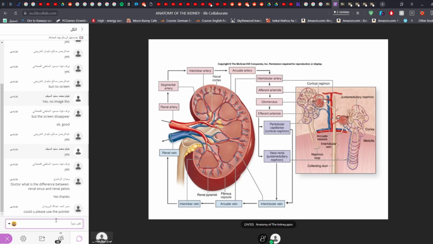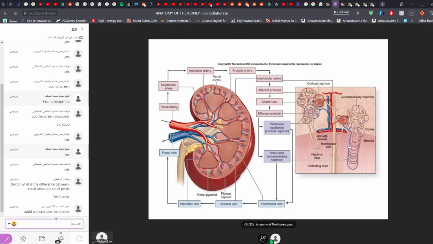Then you can see again, after the glomerulus, it is not a vein. It is again an artery. It is called the efferent arteriole. And this efferent arteriole will cover the tubules of the nephron like this. Can you see? It is covering the tubules of the nephron. And then from there, peritubular capillary networks are formed. And from there, vasa recta will be formed.